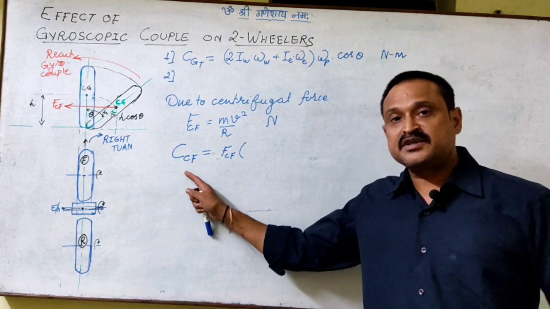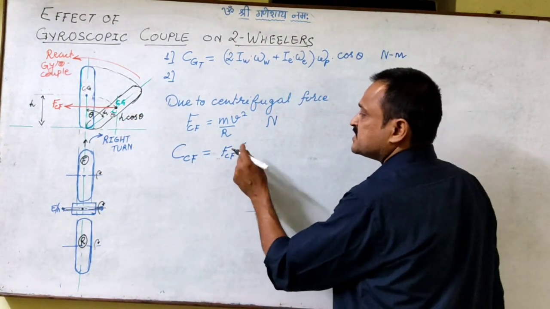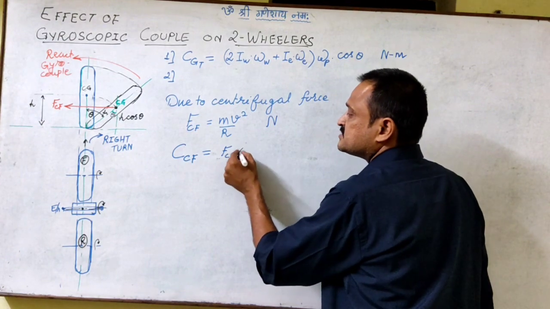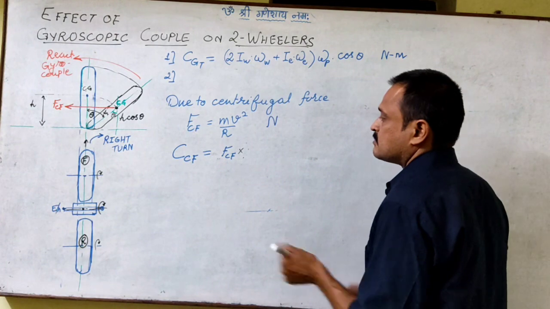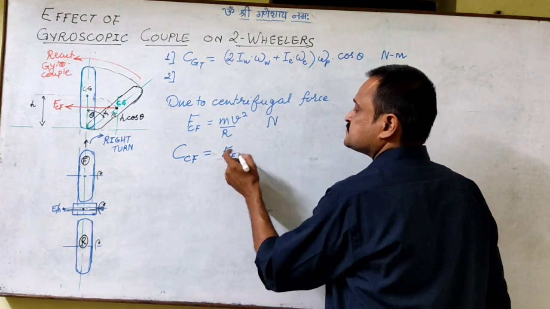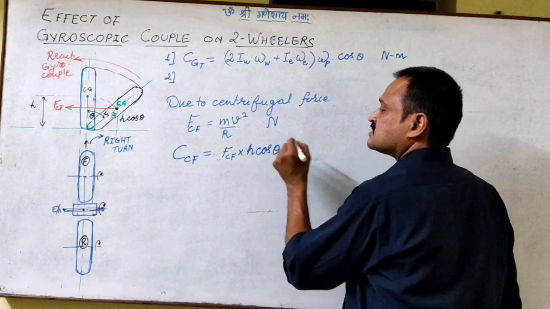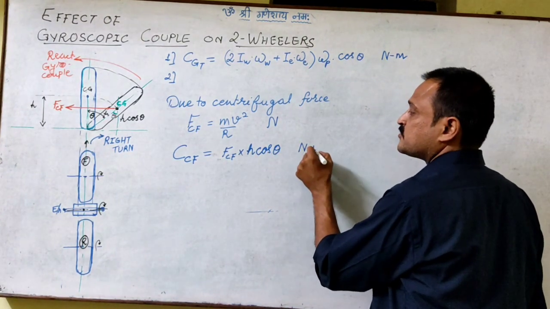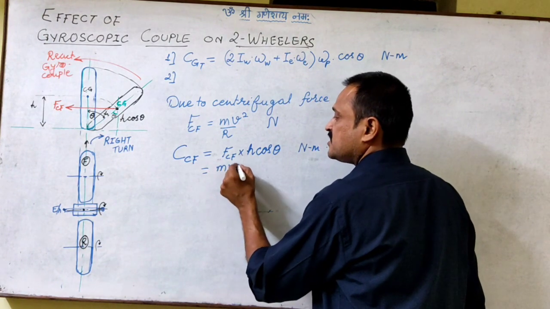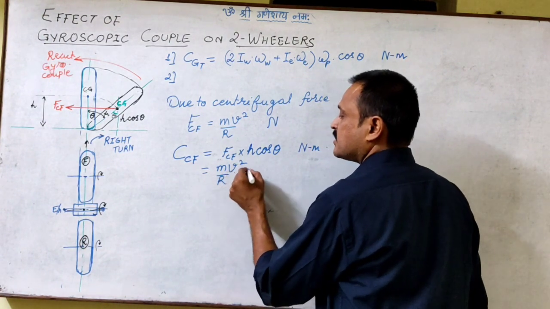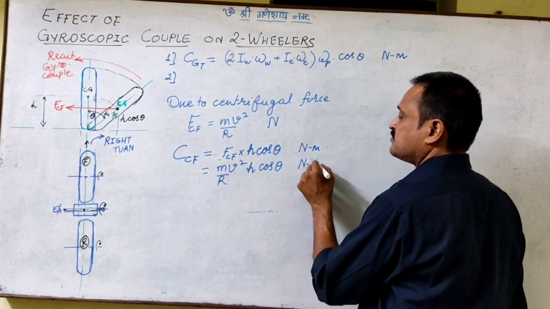So the magnitude of centrifugal couple will be this force into h cos theta Newton meter. So we get this as m v square by r into h cos theta Newton meter.